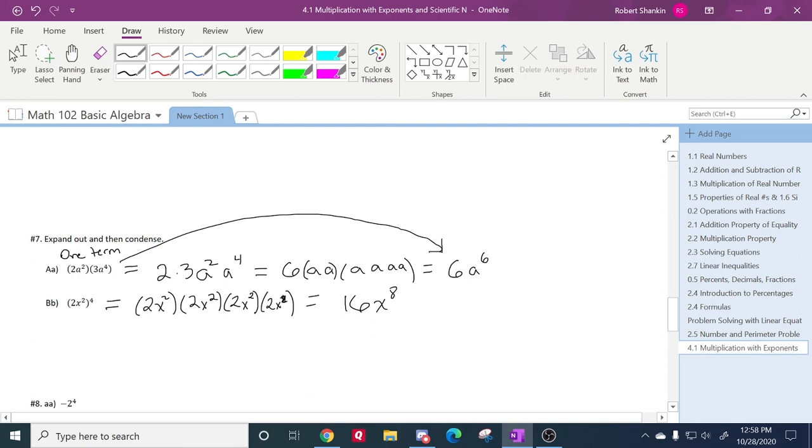Okay. Now, this could have also been done by this method. There's an unwritten 1 as the exponent on the 2. And when you distribute that 4, now this is all one term inside here, so you can distribute it. You would get 2 to the 1 times 4, because power to a power you multiply, times x to the 2 times 4.